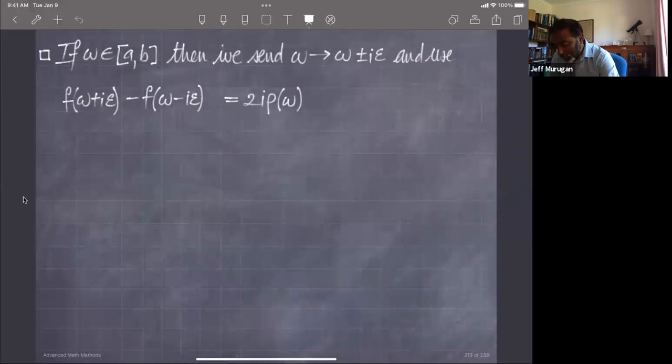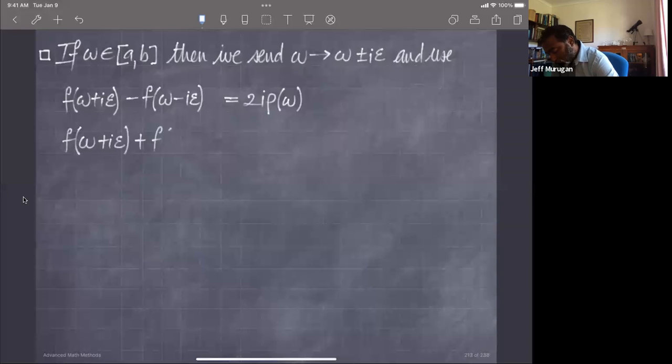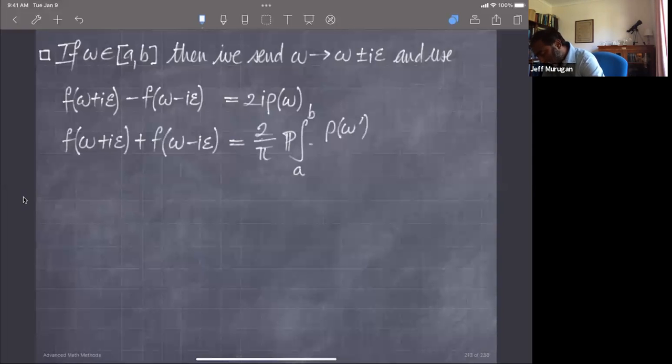The second observation that Plemelj made is if I take the average of the function between those 2 points, so f of omega plus I epsilon plus f of omega minus I epsilon, then this is nothing but 2 over pi times the principal part of the integral from a to b of rho of omega prime over omega prime minus omega d omega prime.